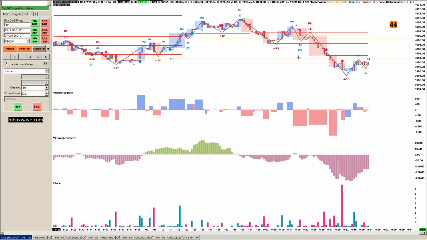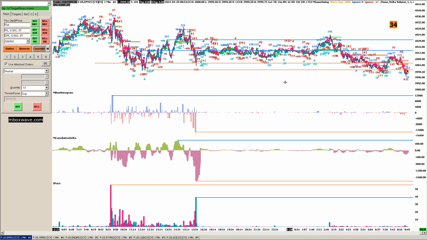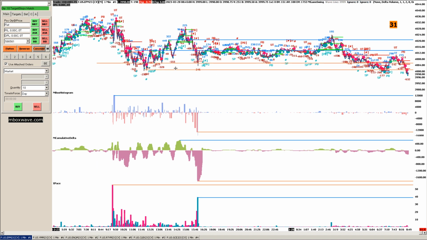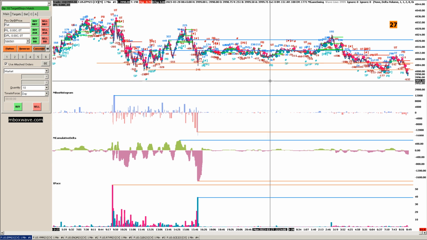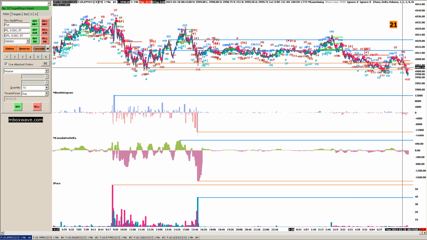So now we got a bunch of lines. The orange ones are ones I drew. The green and red are the auto floor ceiling. All right, so for pre-market analysis, we are sort of in a downtrend, but it's kind of been ranging since the previous day. It just went here and then it's gone down, and so we'll see.